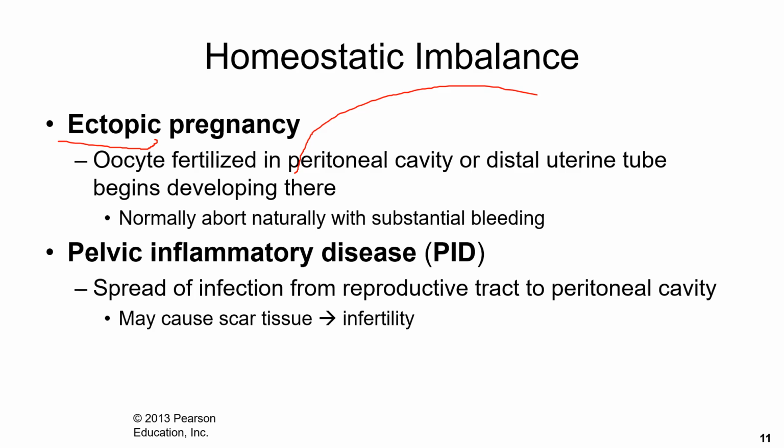Now, no ectopic pregnancy does reach term. So those will result in a miscarriage or a therapeutic abortion, because if it's allowed to stay there, it will just really cause a rupture of the fallopian tube, and it can cause hemorrhaging and death, of course.